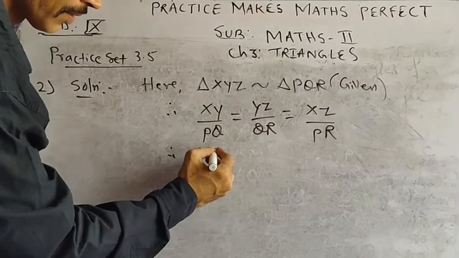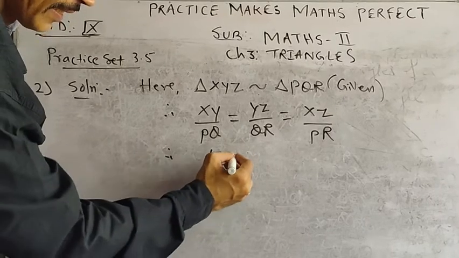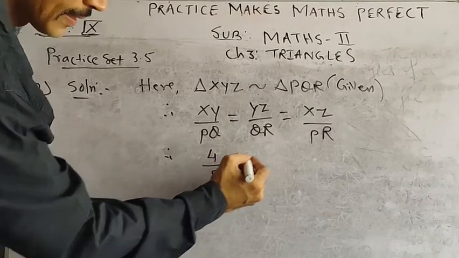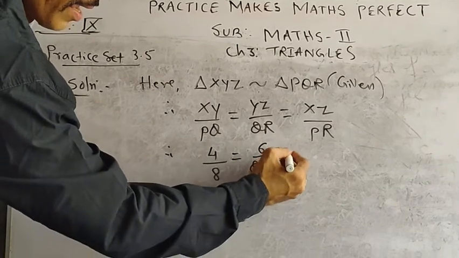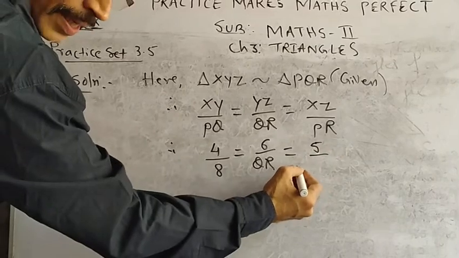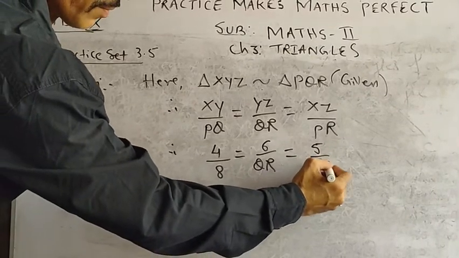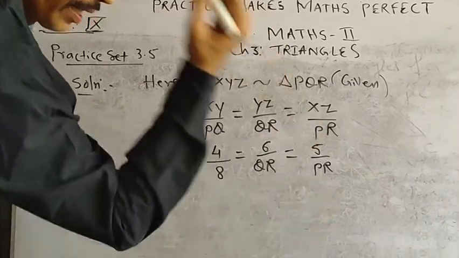XY is 4, PQ is 8, YZ is 6, QR is not given, XZ is 5, and PR is not given. You have to find the side QR and side PR.